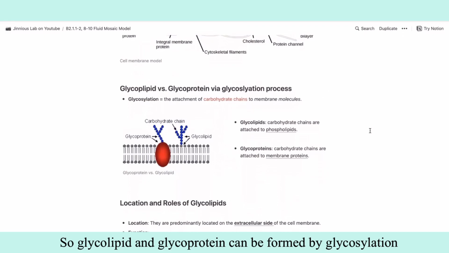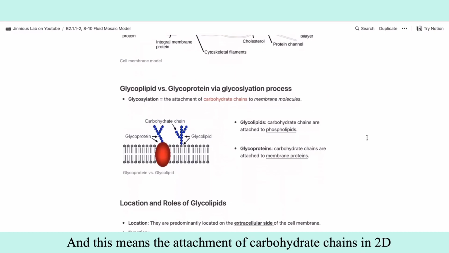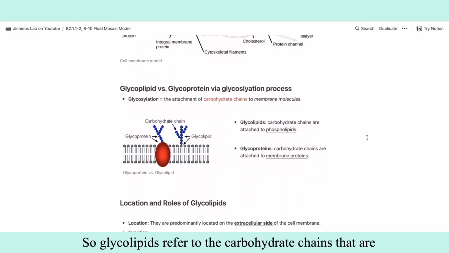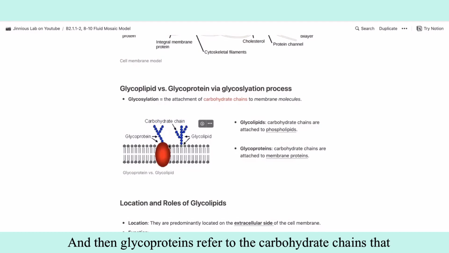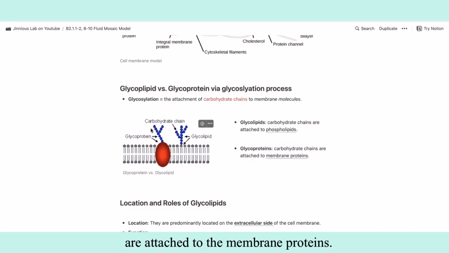Glycolipids and glycoproteins are formed by the glycosylation process. This means the attachment of carbohydrate chains to the membrane molecules. Glycolipids refer to the carbohydrate chains that are attached to the phospholipids. And glycoproteins refer to the carbohydrate chains that are attached to the membrane proteins.